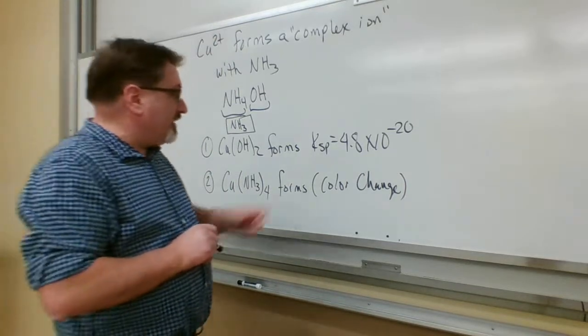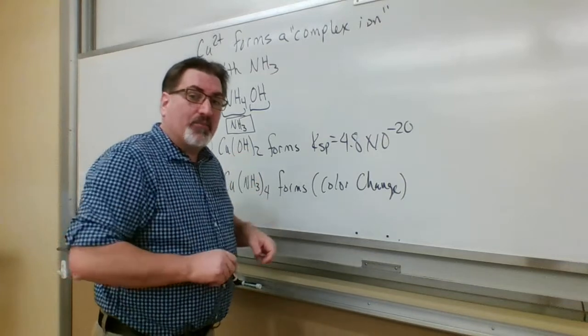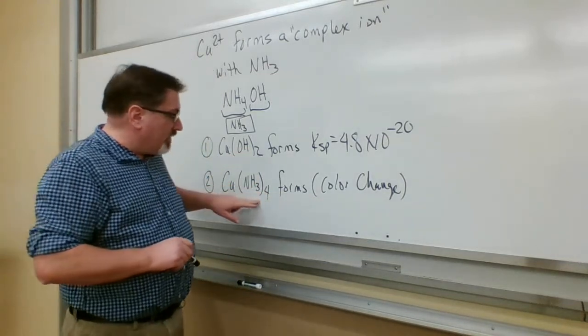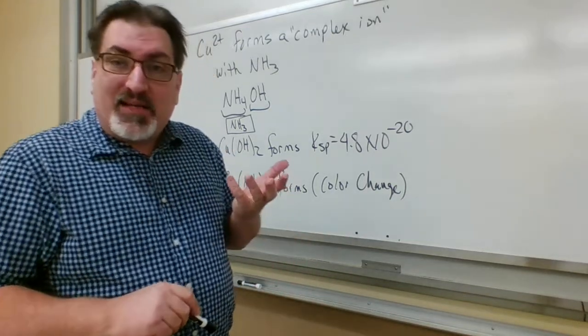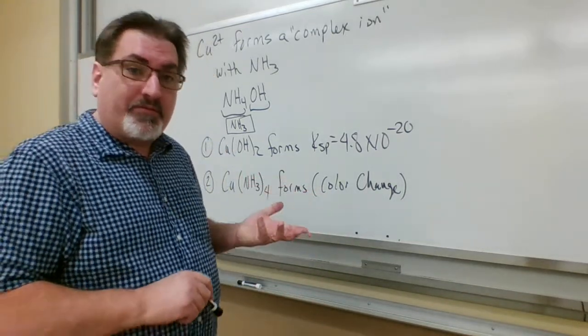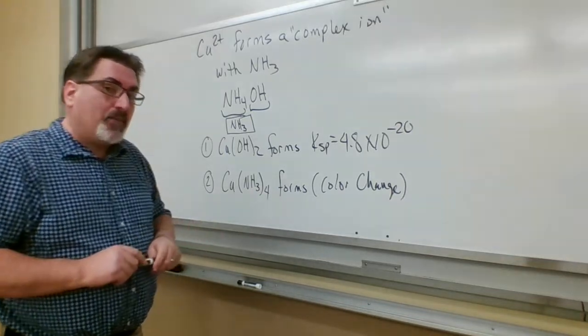That's a precipitate. So we'll see a cloudy solution. And then as we keep adding ammonia, we're eventually going to move on to the copper ammonia complex. And all of the copper hydroxide that we precipitated is actually going to redissolve because we're changing what equilibria is available to the copper in solution.